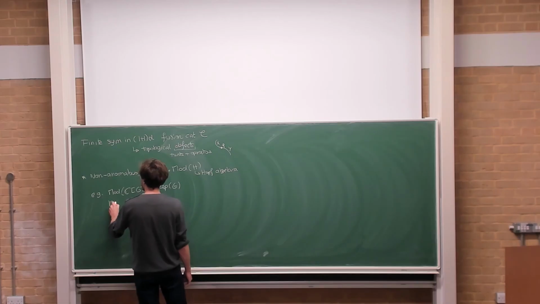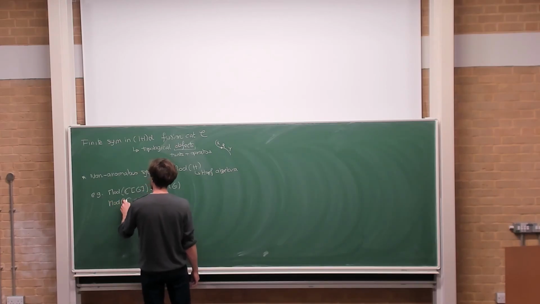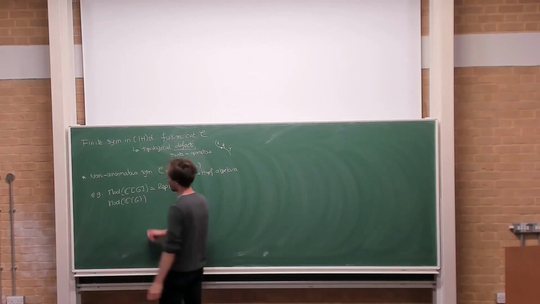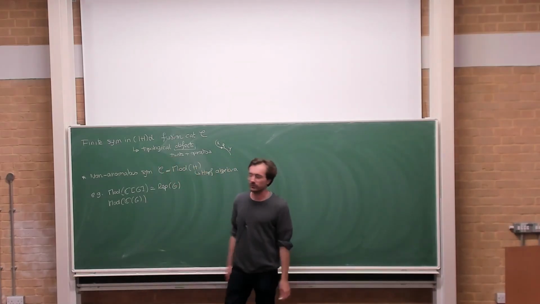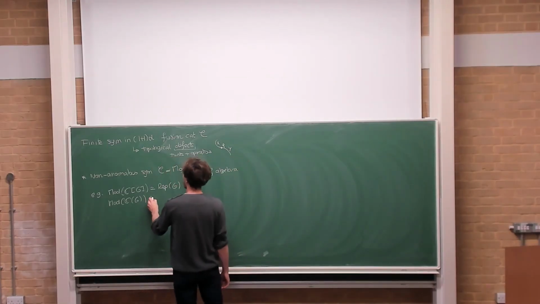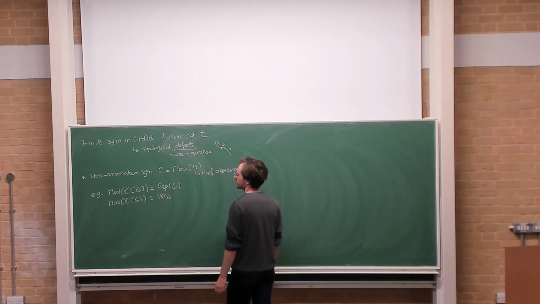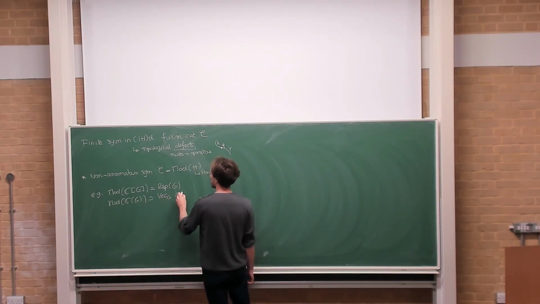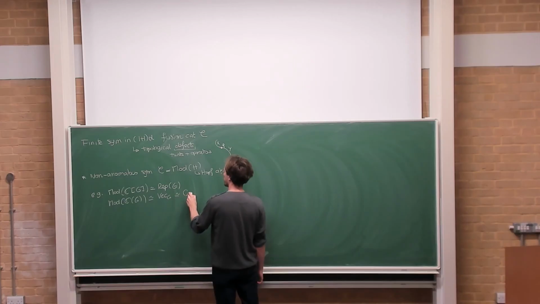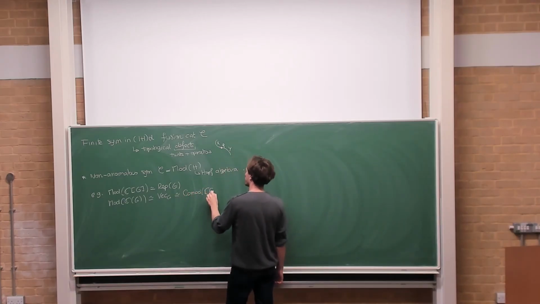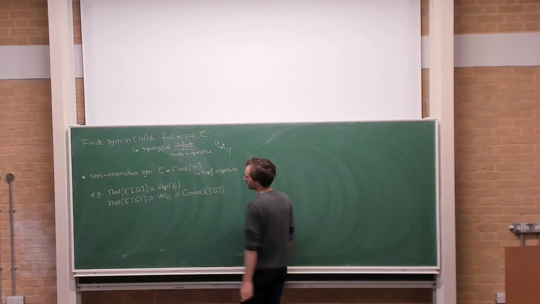And another nice example, which is its dual in various ways, is to take instead the algebra of functions on the group with pointwise multiplication. This is equivalent to the category of G-graded vector spaces. And since I'm going to use it implicitly later on, it's also nice to notice that this category is equivalent to the category of comodules over the group algebra.